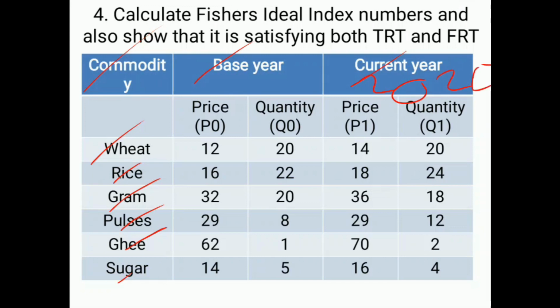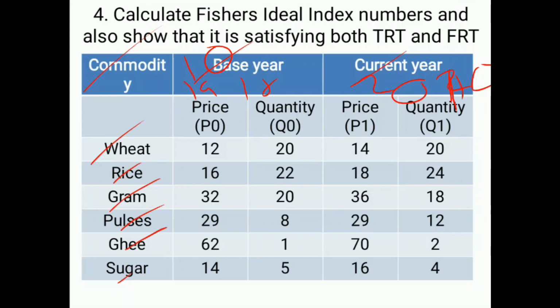It can be 2019, 18 or 17 or 2010 also. Any previous year can be used for comparison. The current year can also be 2010. If the current year is 2010, base year must be before that. So that is base year and current year.